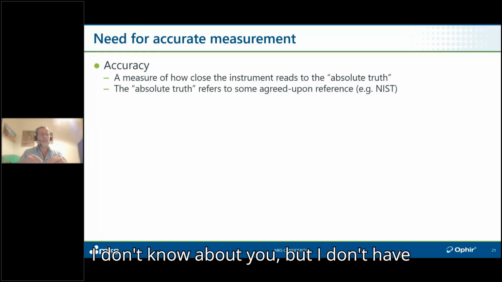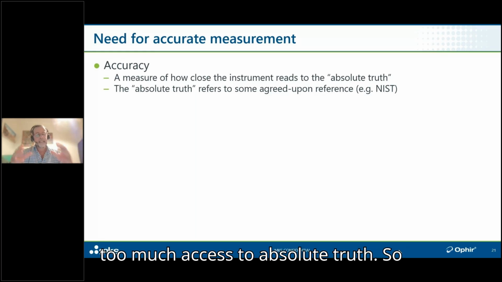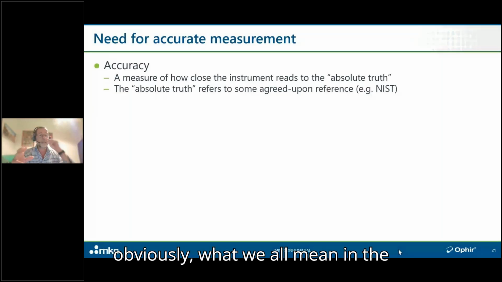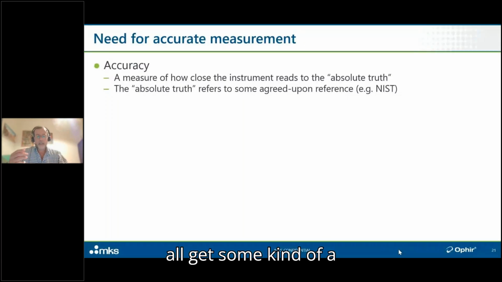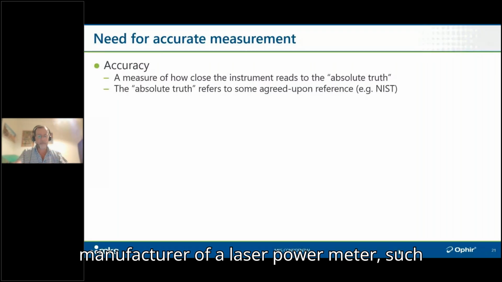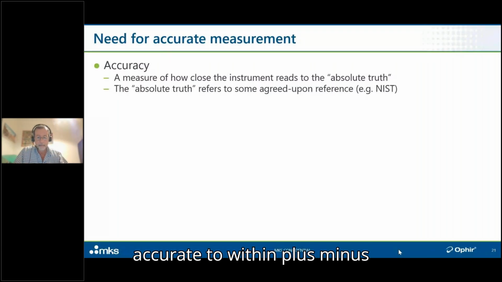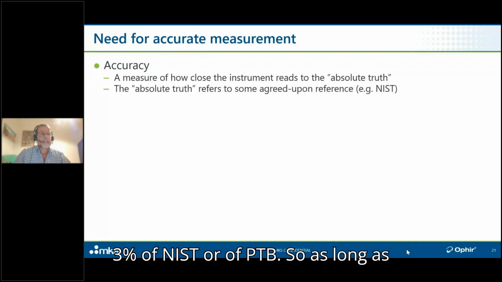So if a manufacturer of a laser power meter, such as Ophir, says that this power meter is accurate to within plus minus 3% of NIST or of PTB, then we know that the reading is accurate to within so many percent of what NIST, let's say, would say the power of this beam really is. This is a huge oversimplification, but you get the idea.